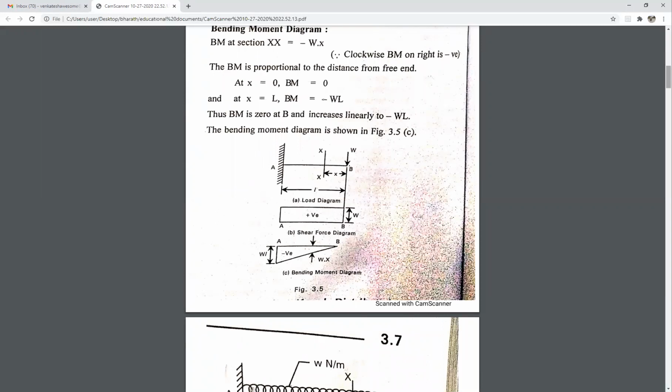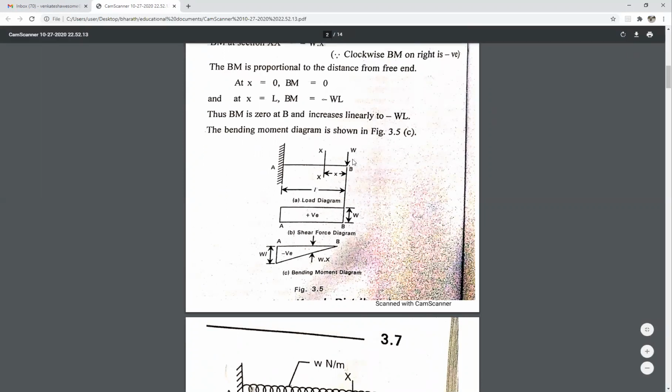The first one is the cantilever beam with a point load. In case of a point load, the SFD will be straight lines. While coming to the BMD, how do we represent a point load? With an inclined line.